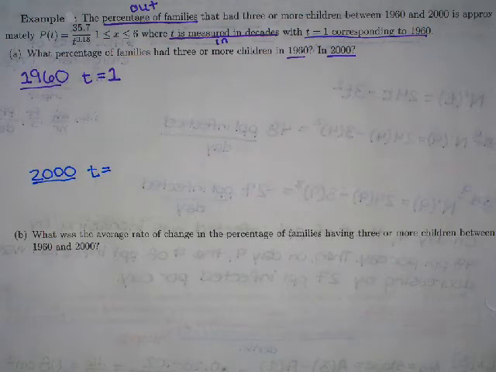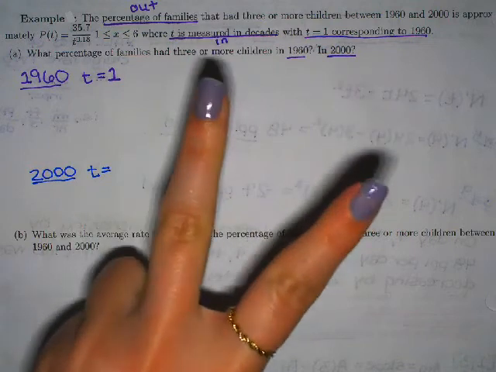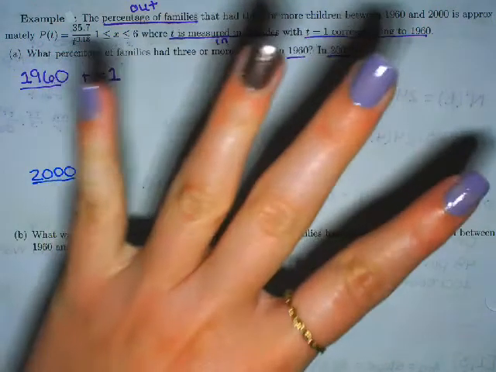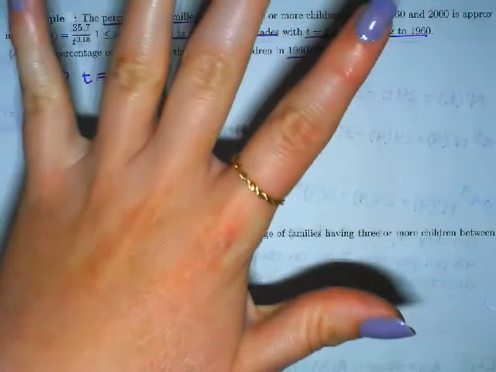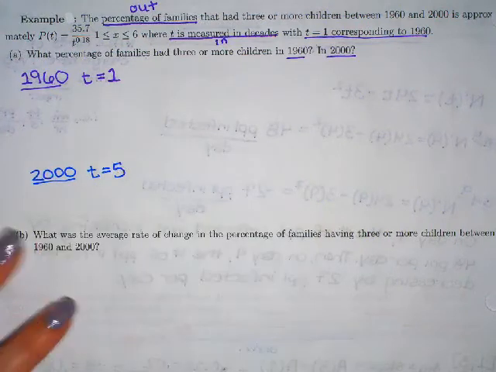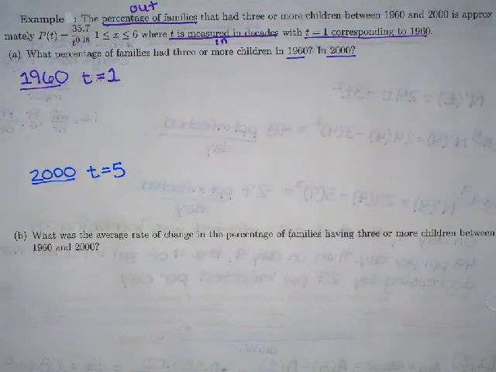So T equals what? Well, 1 is 1960, 2 is 1970, 3 is 1980, 4 is 1990, 5 is 2000. So don't be too proud. Count on your fingers if you have to. It's T equals 5. We can double check that. 60s, 70s, 80s, 90s, 2000. 5 for our T value.